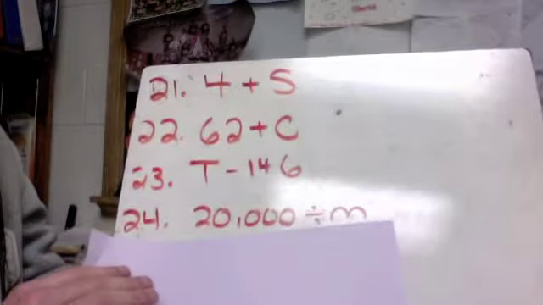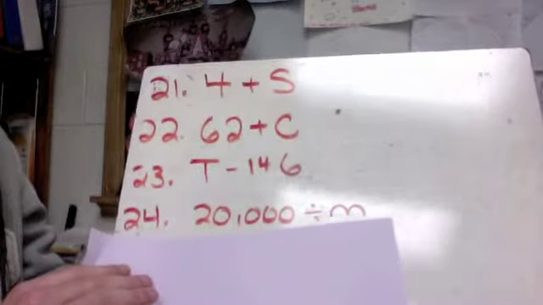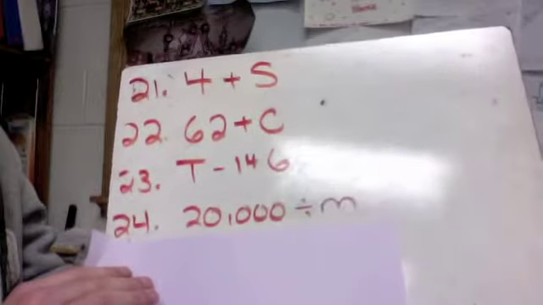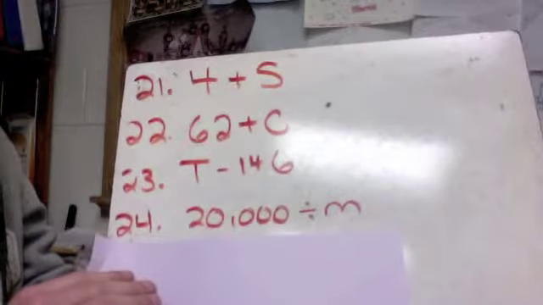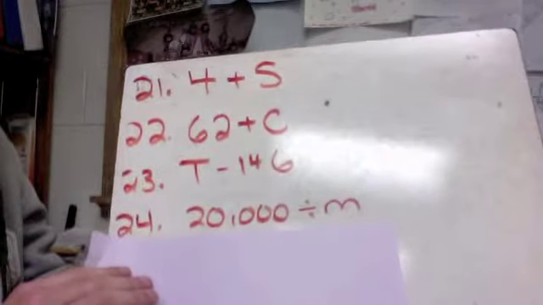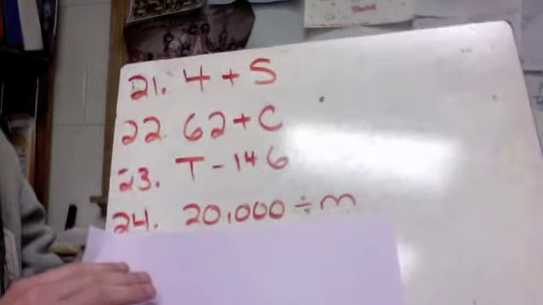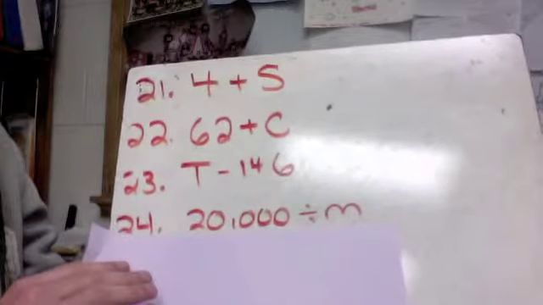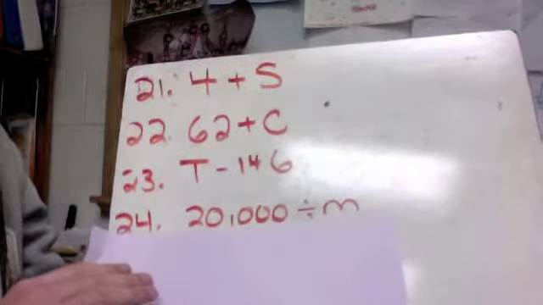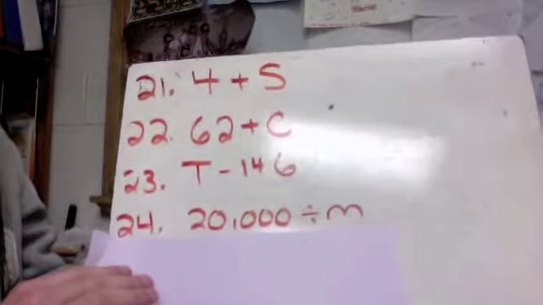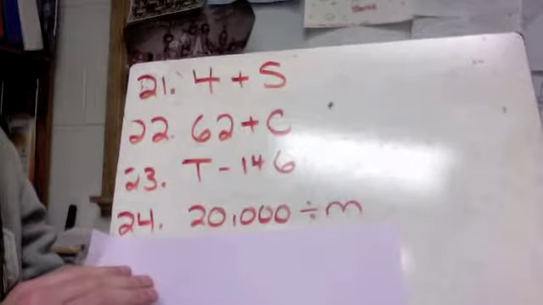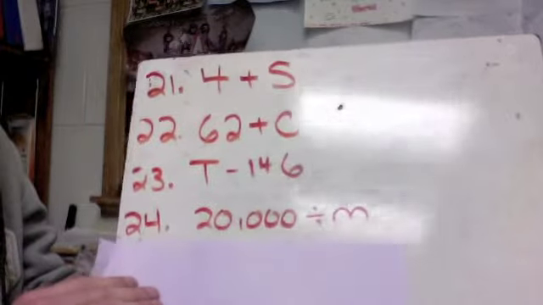So whatever m is, that's how many leagues is in a mile, but we don't know what m stands for. So we would have to take the entire total, which would be 20,000. That's the total number of leagues. And then we would have to cut that into however many leagues equal a mile. And m is the thing that stands for how many leagues equal a mile, so we would just do 20,000 divided by m.